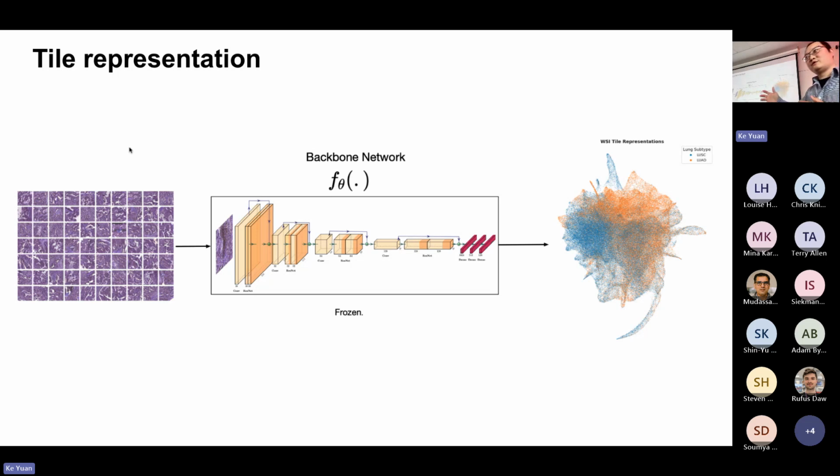That actually gives you quite a lot of power in terms of training models. Depending on the resolution, nowadays you're typically getting from 1,000 tiles to about 20,000 tiles from a typical whole slide image. If you have a cohort of 1,000 patients, you can easily get more than 1 million tiles to train your models.